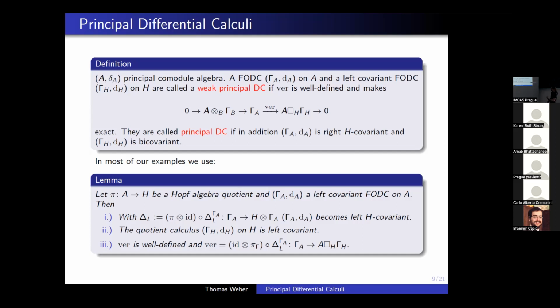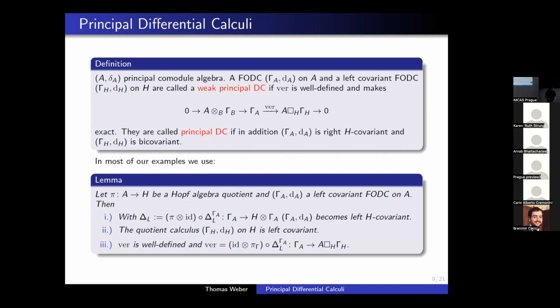And so the corresponding quotient calculus on H is a left covariant calculus. Furthermore, the vertical map is well defined because you can prove it is exactly the same as this left A coaction on gamma A concatenated with the calculus projection. So this pi gamma is the map from gamma A into gamma H. You can prove that in this case this is exactly the vertical map, and so this is well defined.